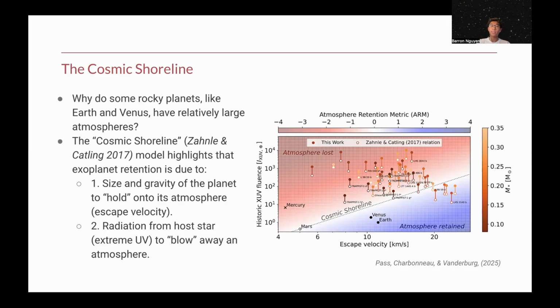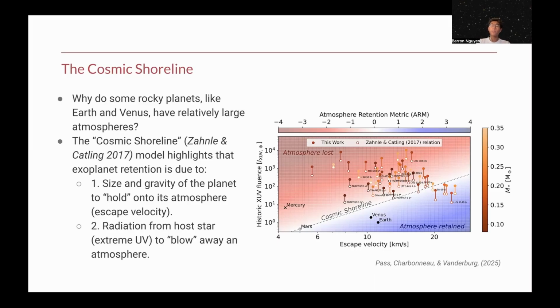So if we look at this model of a cosmic shoreline, as it's called, which is basically the point where an atmosphere is lost versus retained, we can use this as a simple model to gauge whether a certain planet can retain an atmosphere and predict if we could potentially observe one. It's a first degree approximation.